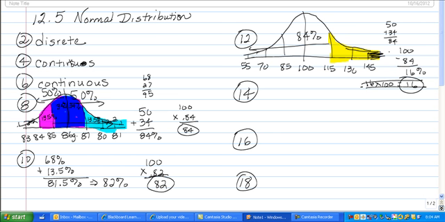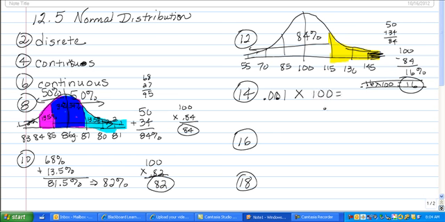As I recall, that is something like 0.1%. 0.1% would be 0.001, and that would be times our 100.